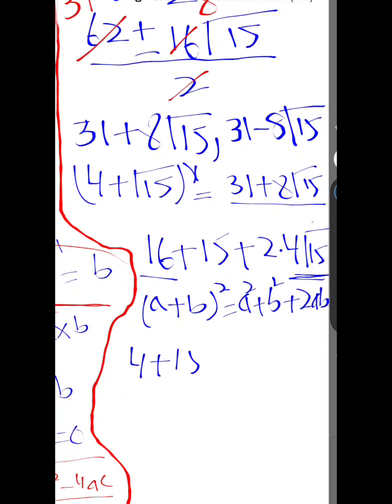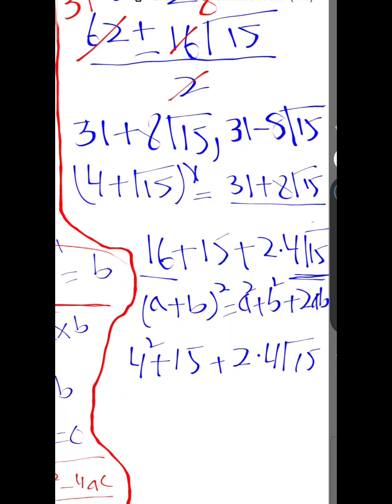So writing here 4 square plus 15 plus 2 times a, which is 4, and b, which is square root 15.